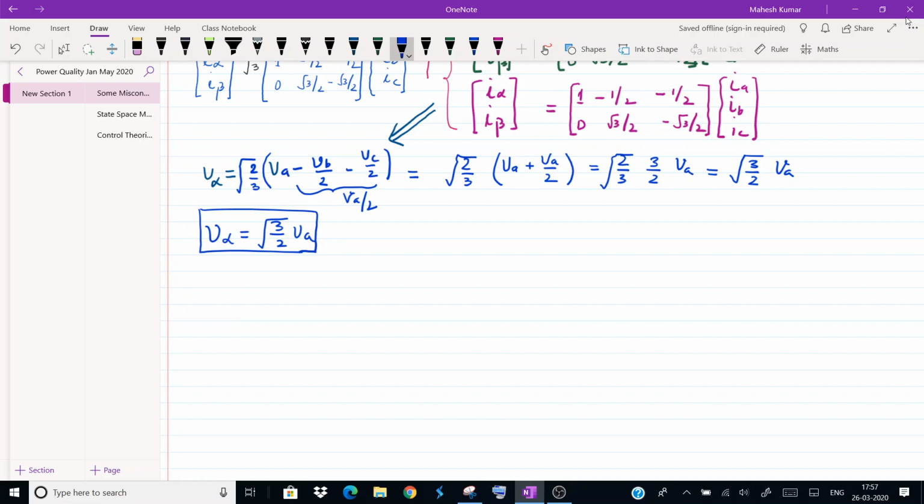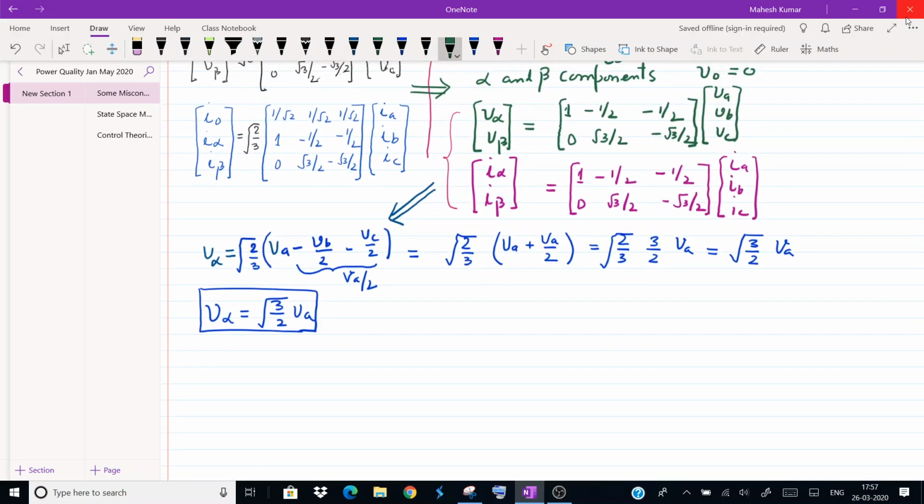Similarly, we will find out V beta in terms of the A and B components. So V beta, if you find out, you can use the second equation, which is this one. So what is V beta? V beta is nothing but, this factor will also come 2 by 3 here. In all cases, it will come as root 2 by 3.